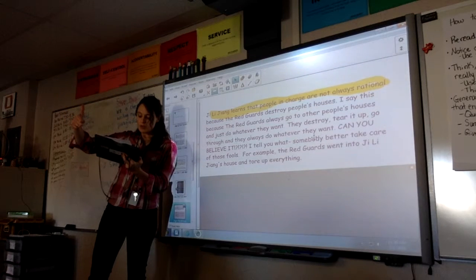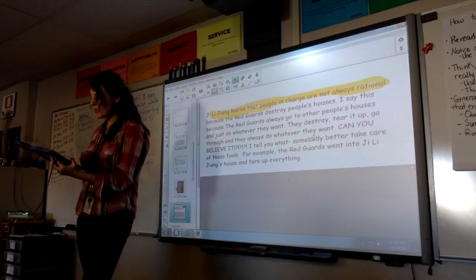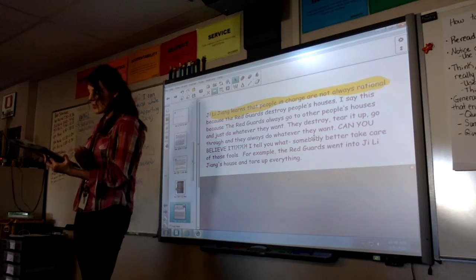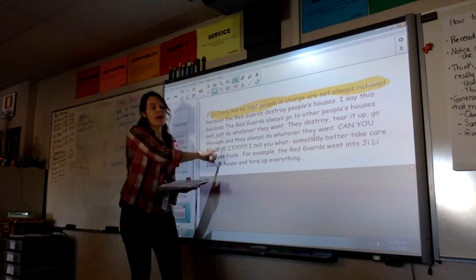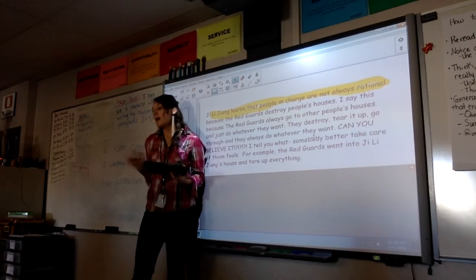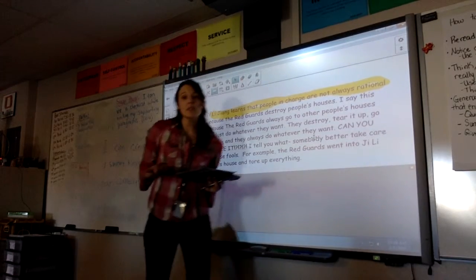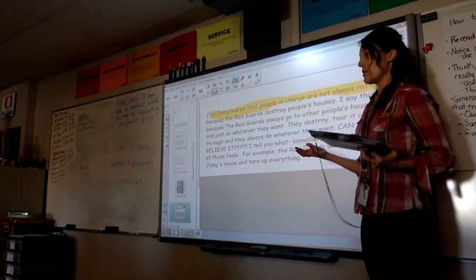How about, this is important, when necessary, I explain terms to my readers, providing definition, context clues, or parenthetical explanations. Now, he may have in his introduction explained who the Red Guards are. We don't know. But it is really important that your readers understand background information.